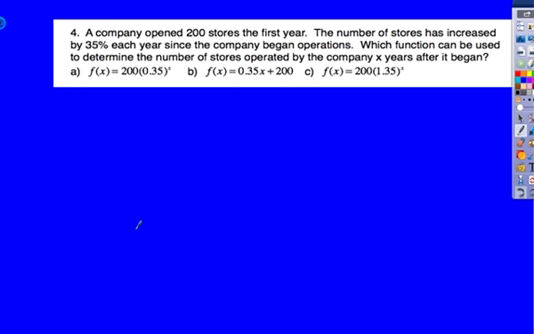Number 4 says, a company opened 200 stores the first year. The number of stores has increased by 35% each year since the company began operations. Which function can be used to determine the number of stores operated by the company x years after it began?